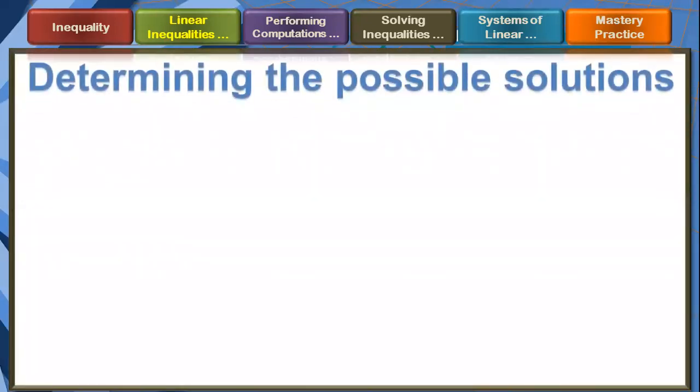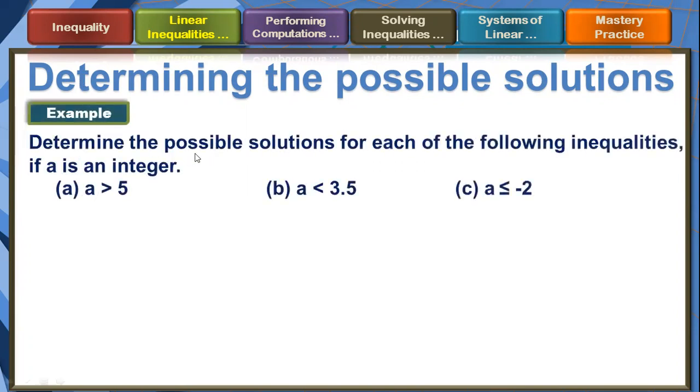So now let's learn how to determine the possible solutions for a given inequality. Possible solutions are numbers that can satisfy the inequality, that can be a possible answer. So for example, determine the possible solutions for each of the following inequalities if A is an integer.